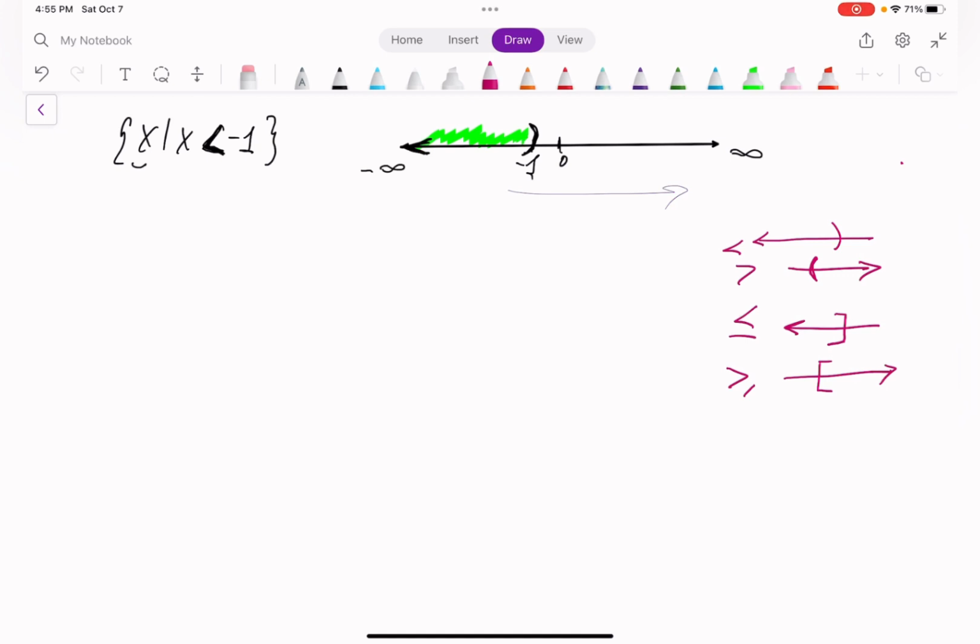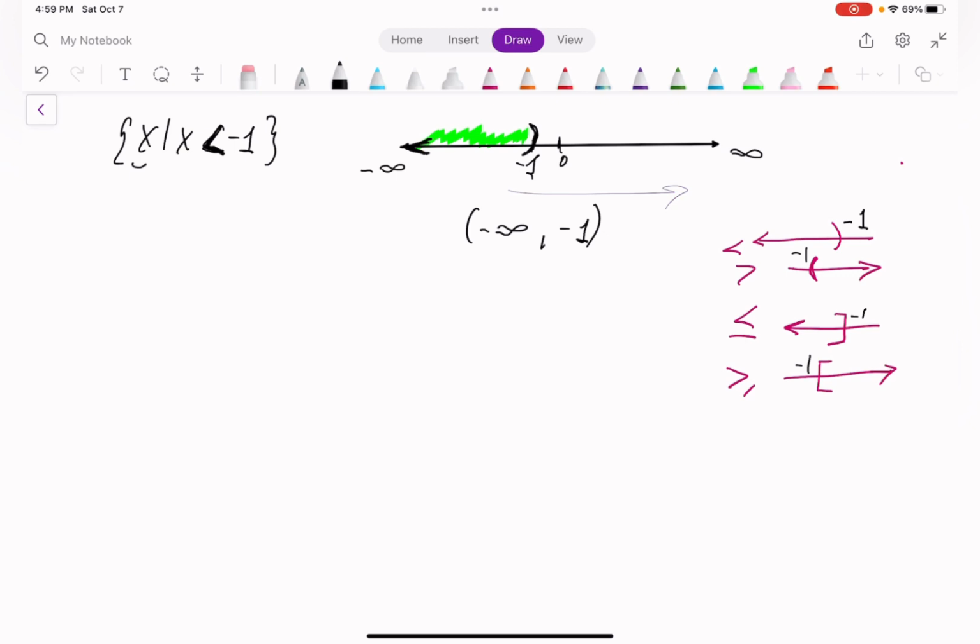Okay, but if I want to write it down in the form of interval notation, first comes negative infinity and second comes -1 with parentheses. Now let me explain this notation.